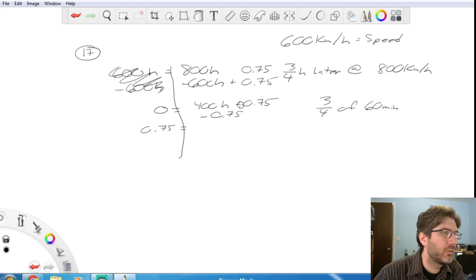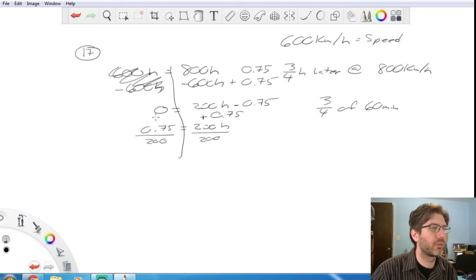That's going to leave you with 400h over there. Yeah, that's not making sense to me. 800 minus 600 is 200. That's one spot I'm messing up. I think I'm messing up bigger too here, because this isn't making sense. That's going to be really small.